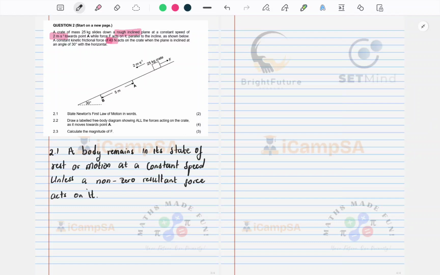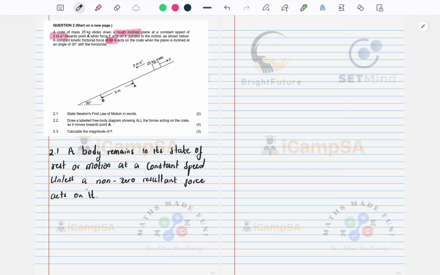Okay, so let's go to 2.2. So they're asking us here to draw a labeled free body diagram showing all the forces acting on the crate, as it moves towards point A. Okay, so let's start. This is 4 marks, so we should at least expect 4 forces.